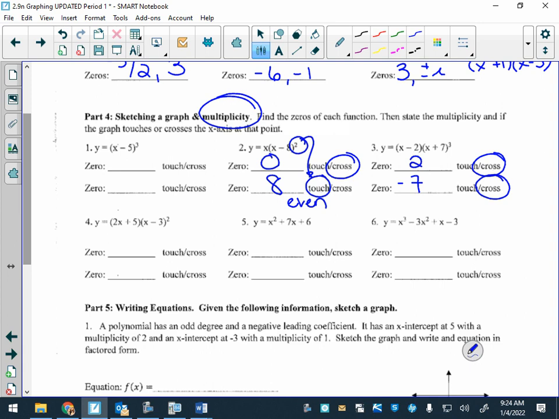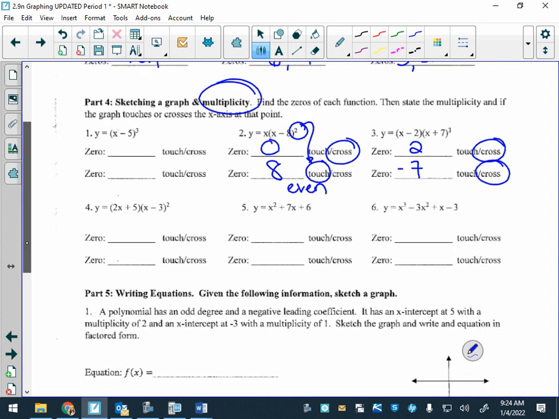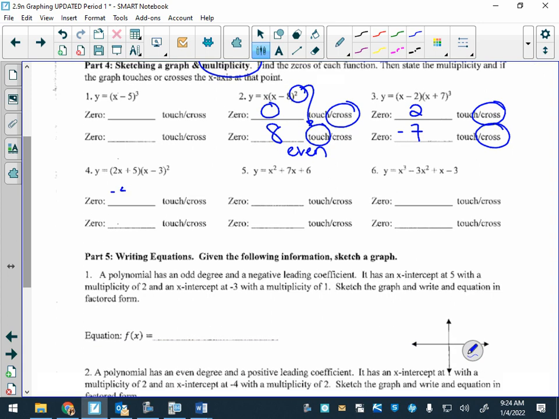All right. And then number 4 are zeros from before, which we saw. At negative 5 halves, what's happening? Grant.